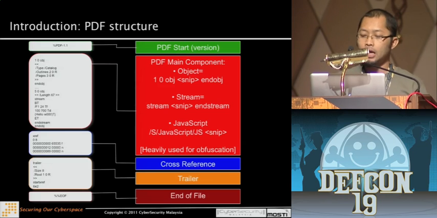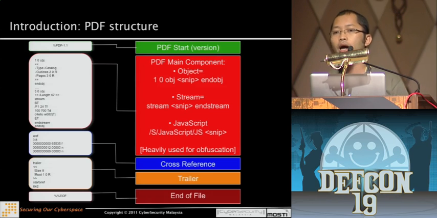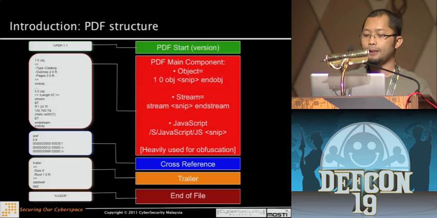Another major component in here is the JavaScript. In the yellow box you have the cross-reference table, which defines the offset of each object. And the last one, the trailer.